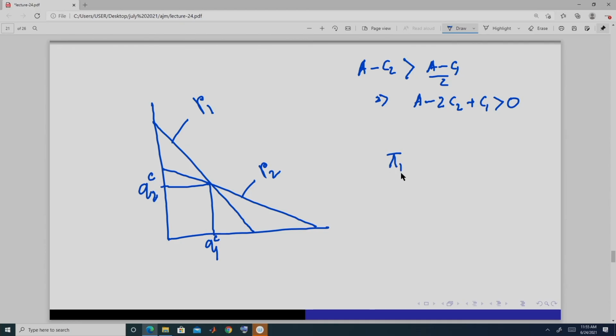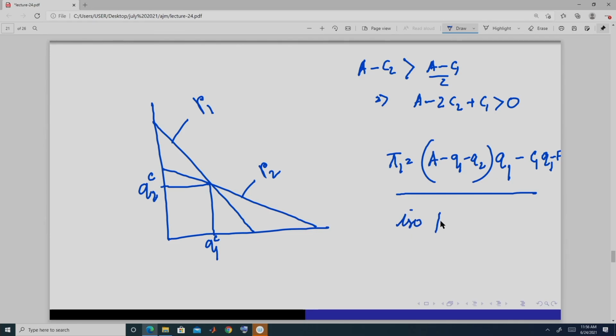And the profit function of firm 1 is a function of Q1 and Q2. So, now we draw something called isoprofit curves.